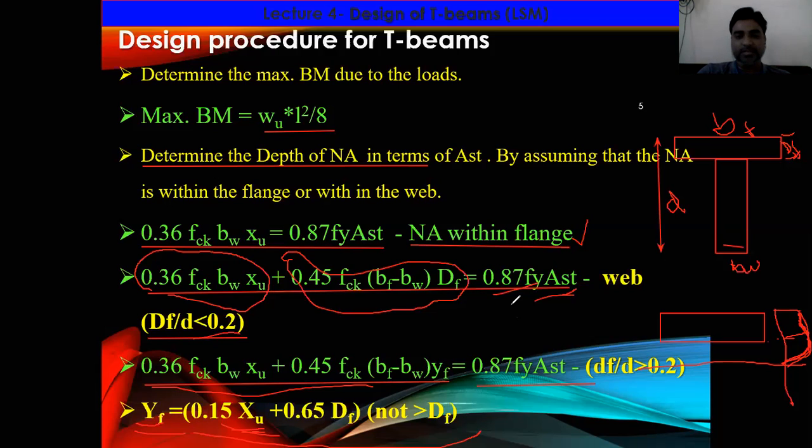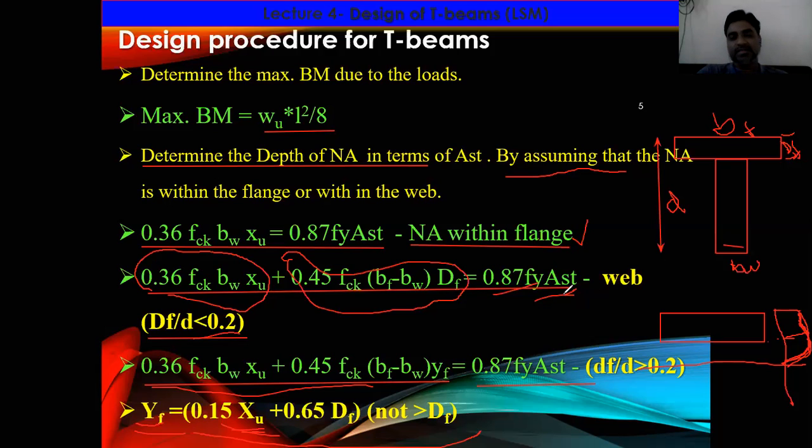Remember, this is very, very important. Whatever you have assumed here, the corresponding moment of resistance formula should be used to determine the area of steel, right? Till now we haven't finalized whether the depth of neutral axis is within the flange or within the web. We have assumed it, right? Because here there are two unknowns.